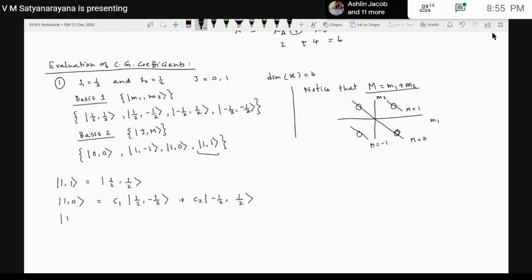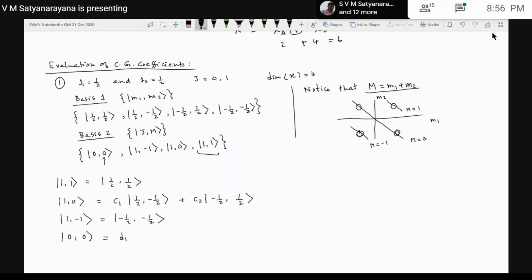Then 1 comma minus 1: once again there is no problem because there is only one particular point. This is nothing but minus half, minus half. And then 0 comma 0, because M is equal to 0 here. That will once again be some linear combination of these two.